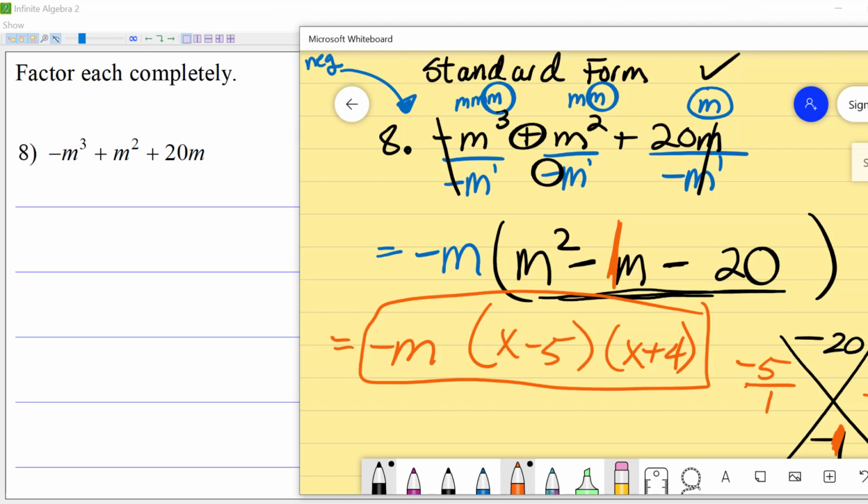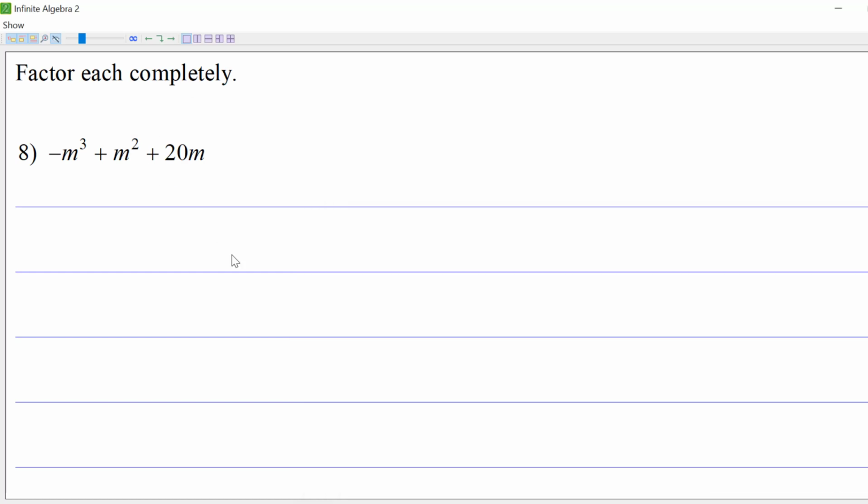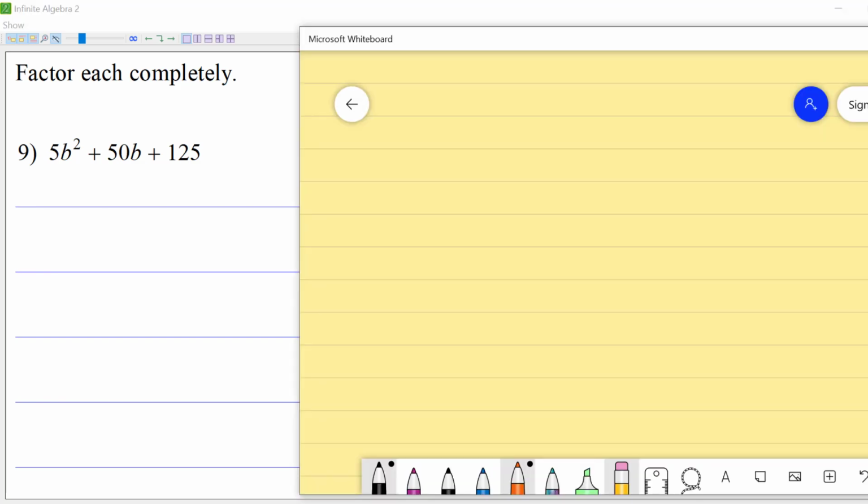Okay, pause the video whenever you need to, okay? Okay, number 9. So hopefully you see, even as I'm writing this out, and you're pausing the video when you need to, everybody should be checking 2 things.